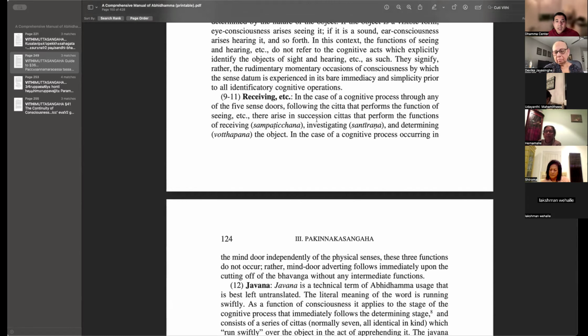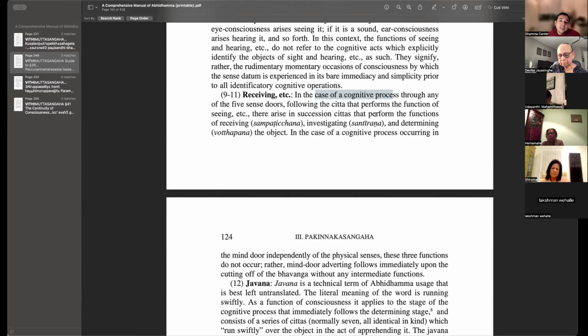Receiving. In the case of a cognitive process, through any of the 5 sense doors, following the chitta that performs the function of seeing, there arise in succession chittas that perform the functions of receiving, sampaticchana, investigating, santirana, and determining, votthapana.